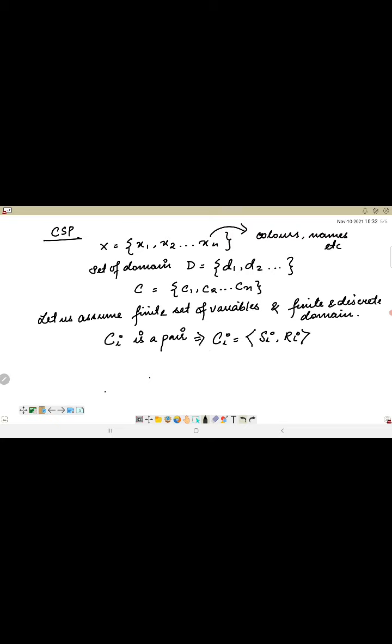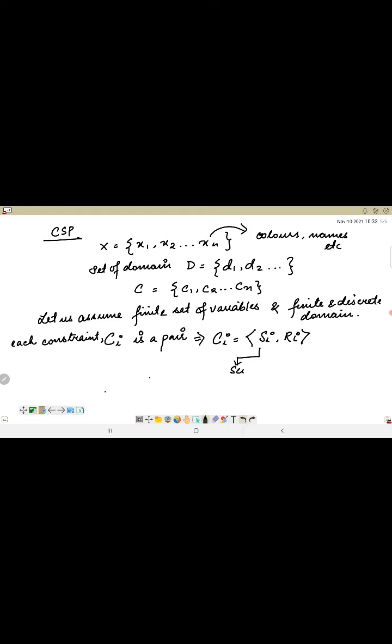Ci is basically the constraint, and each constraint Ci is a pair represented in this manner.